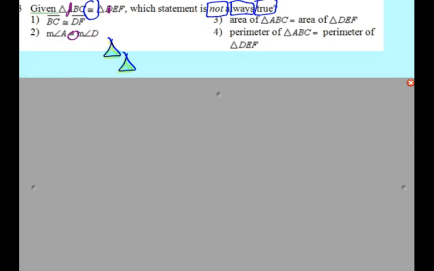So let's now check side BC, last two positions, and DF. Oh, here it is. DF and BC are not corresponding sides, therefore you cannot say that they are always congruent sides. It might be sometimes, but you cannot insist that it's always true. Therefore, 1 is the choice.